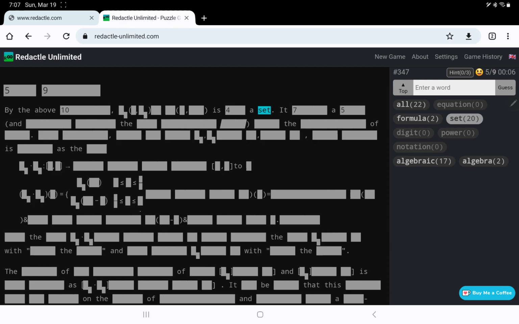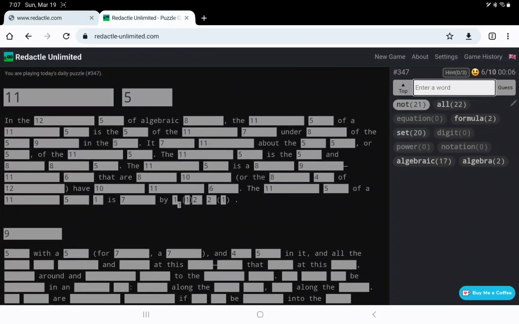I'm not sure what that could be. Let's try not. I know it's not the right word there, but we do have 21 knots. In the 12-5 of algebraic something, the 11-5 of 11-5 is the 5 the something under, could it be under division?